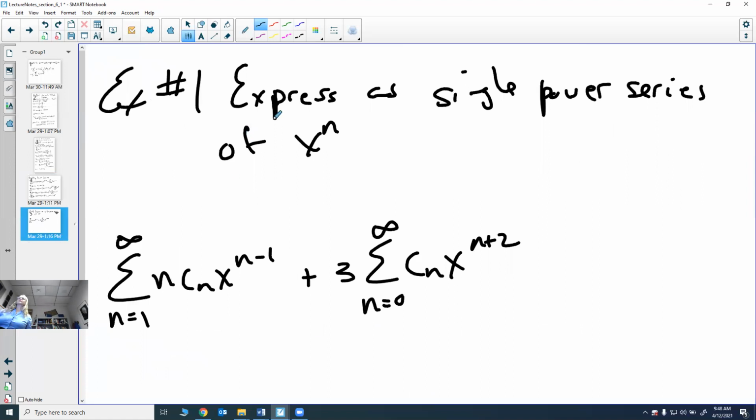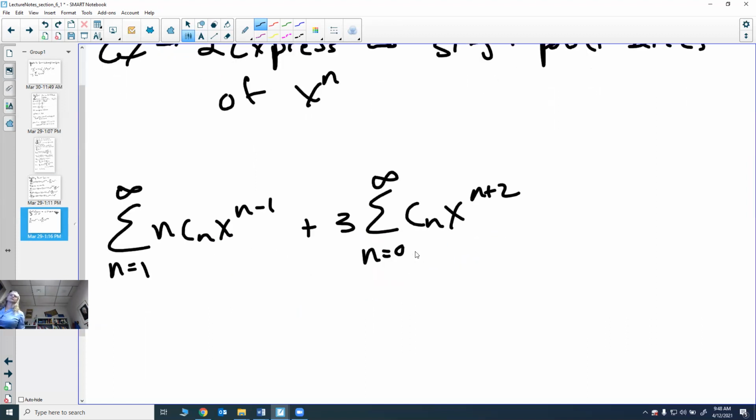So we want to actually express as a single power series of x to the n, the summation n equals 1 to infinity of n cn x to the n minus 1 plus 3 times the summation n equals 0 to infinity of cn x to the n plus 2.